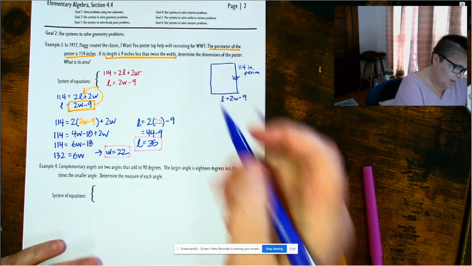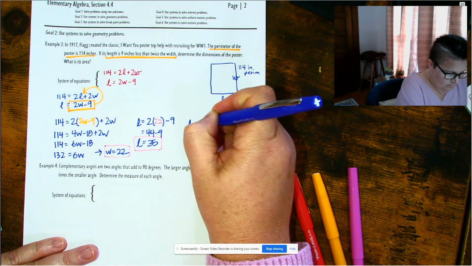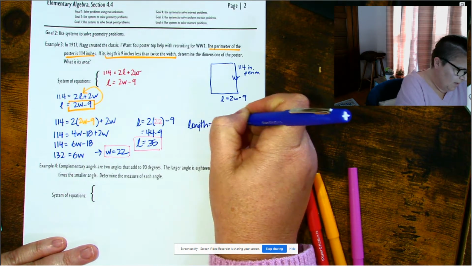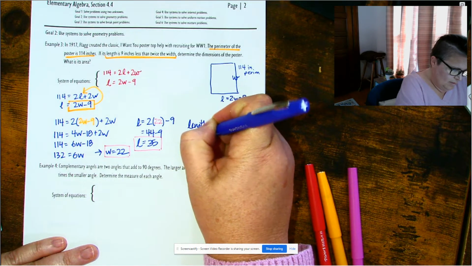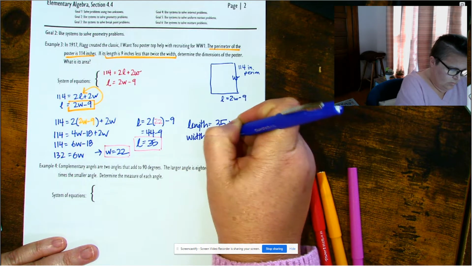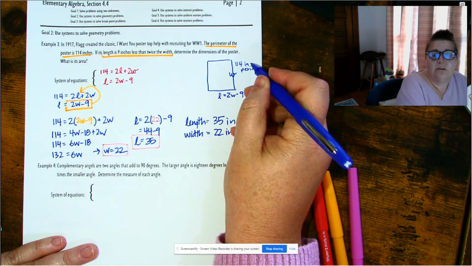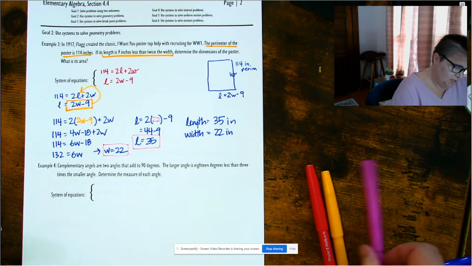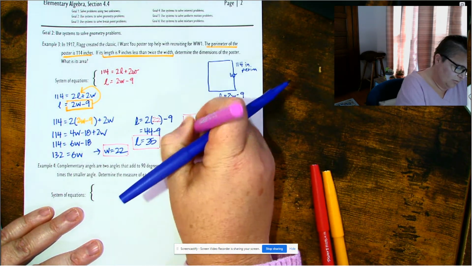Okay, so what do I have? I have that the length would be 35 inches. The width would be 22 inches. I know it's inches because it was 114 inches there. So I have determined the dimensions, but it also asked for the area.